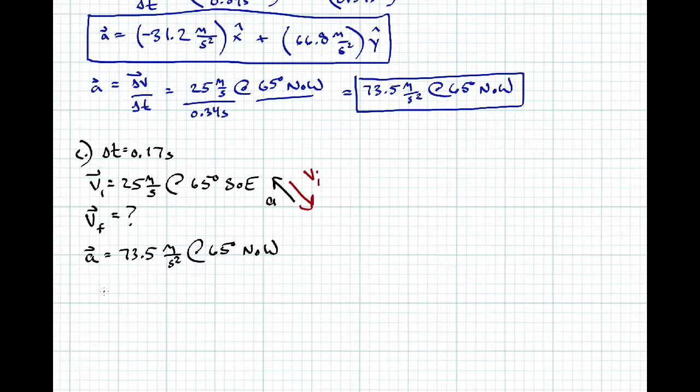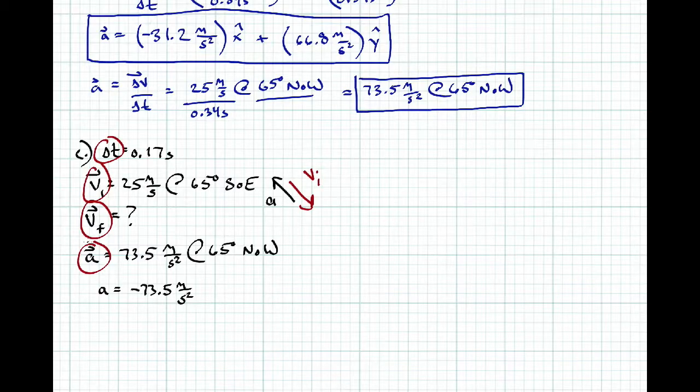So it's like saying the acceleration, not the vector, but just the acceleration, is negative 73.5 meters per second squared. And that's it. So look what we have right here: time, initial velocity, solving for final velocity, and acceleration.